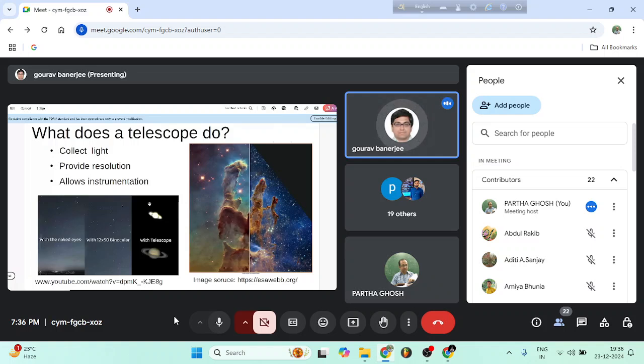Anyway, I have a picture here. It's not my picture, it's from YouTube, and it shows three sets of images. The first is with the naked eye, which is typically what you would see on a reasonably clear sky with low light pollution. If you use binoculars, you will see a little bit better, but not that much better.